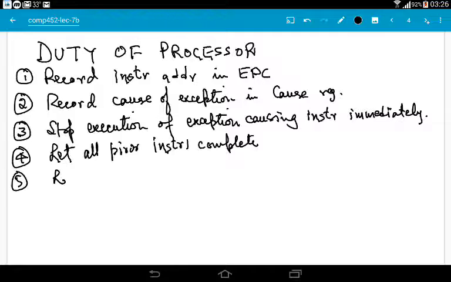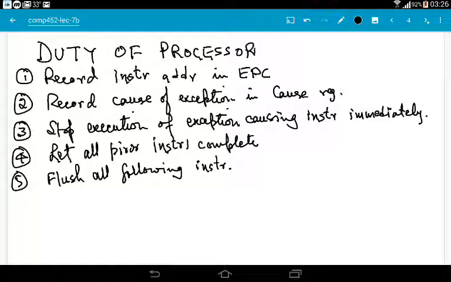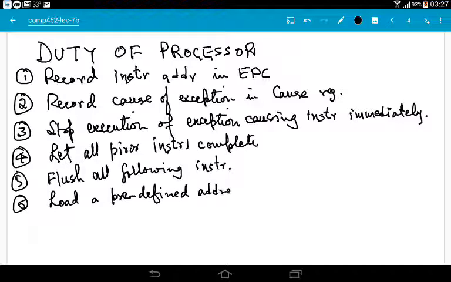5, flush all following instructions. And finally, load a predefined address in the program counter.